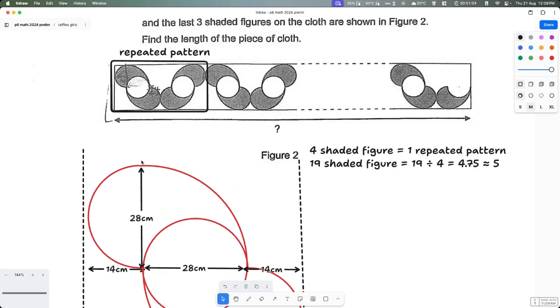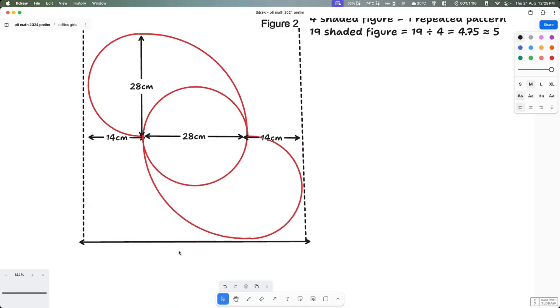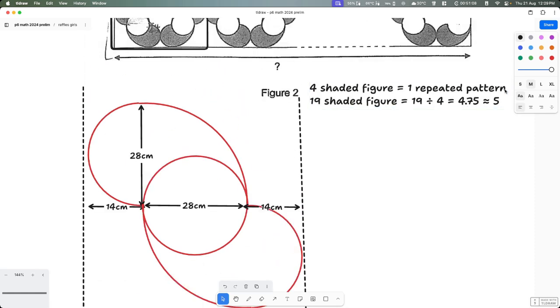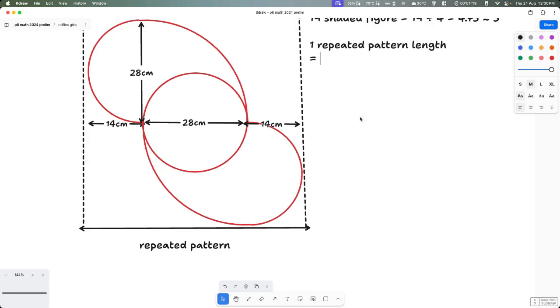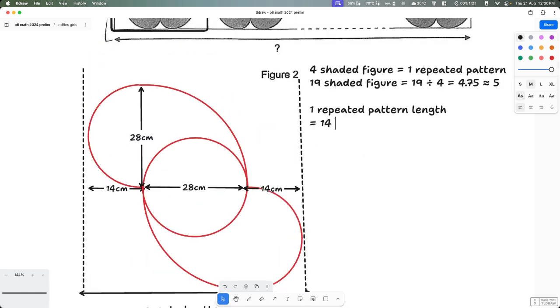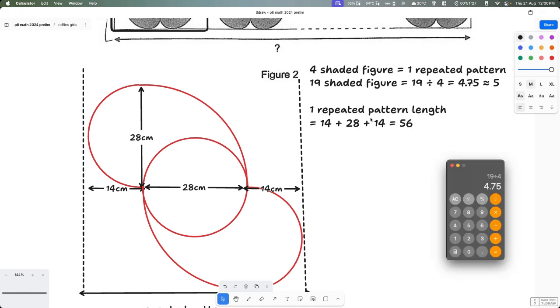Okay, and one repeated pattern length is equal to, in this case, 14 plus 28 plus 14, and this will give us 56. So let's double confirm. 14 plus 28 plus 14, this is 56.